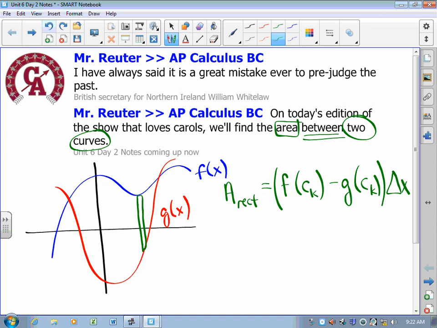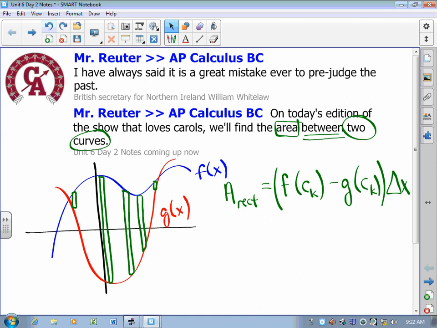So we put a whole bunch of these rectangles together. Maybe some will look like this, and some will look like this, and this one over here looks like this. We add them all up, and that's approximately the area of the shaded region, the area between f and g.